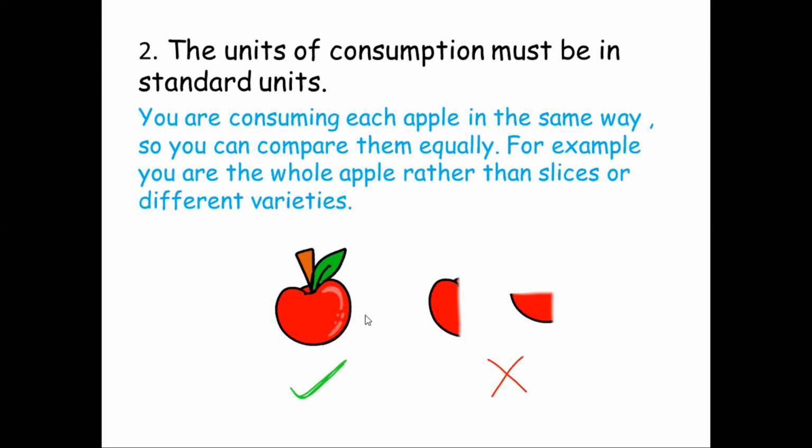We don't have decimals, which are not really standard, like 1.5, 1.9. That's not how the units are to be taken. The units should be in standard units, like 1, 2, 3. They have to be countable, and that's what is said in the picture also. As you can see, one whole apple is considered rather than a half apple or a quarter apple.